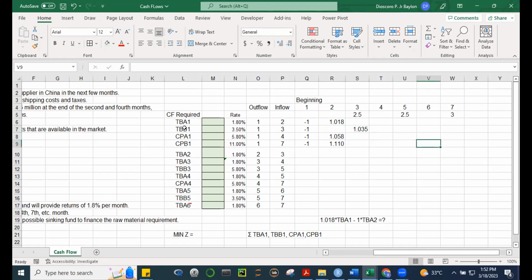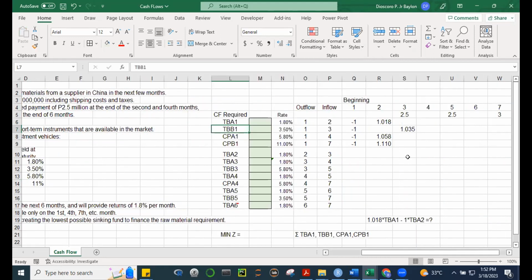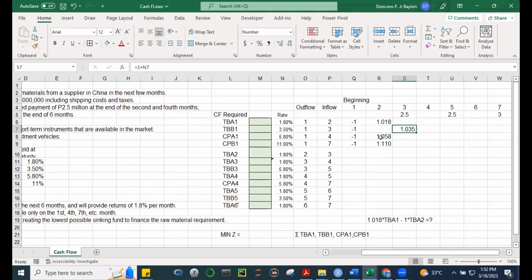Why month 3? Because TBB, Treasury Bill B, has a 2-month maturity. So if we invested it at the beginning of the first month, then its maturity will be at the beginning of the 3rd month. Also CPA, right? It's a 3-month duration. So this becomes first month plus 3, so that will be the 4th month.